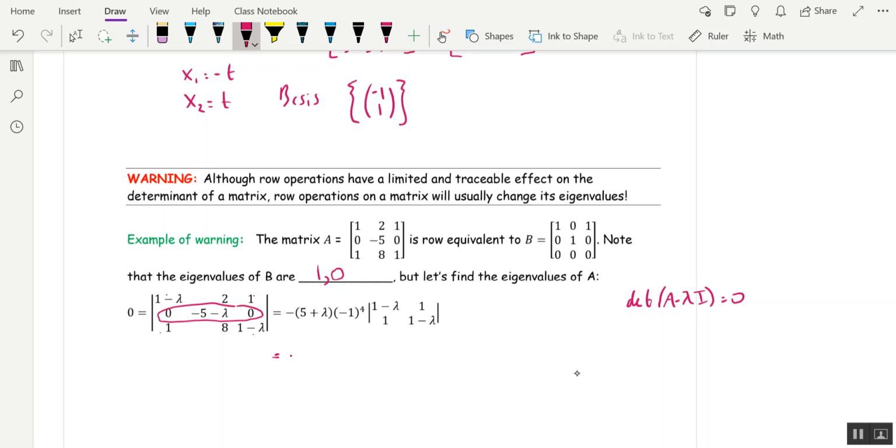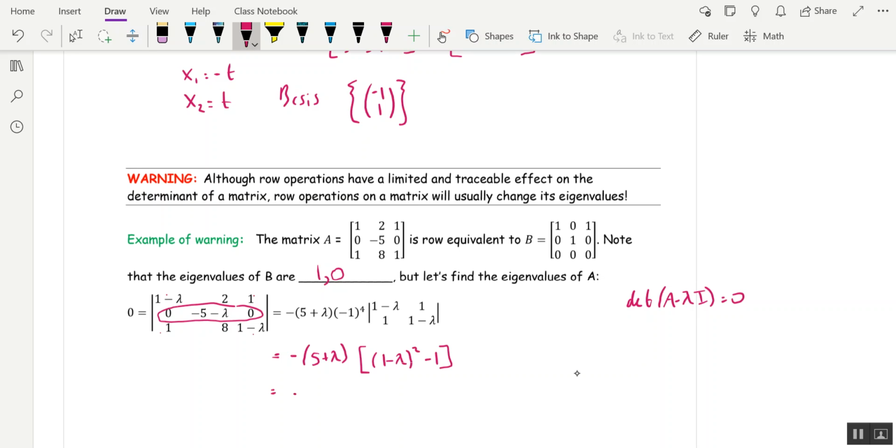That gives me negative 5 plus lambda. Negative 1 to the 4th is just 1. And then when I do this, I get lambda squared. Well, I'll go slow. I'm going to get lambda times 1 minus lambda, quantity squared, minus 1.